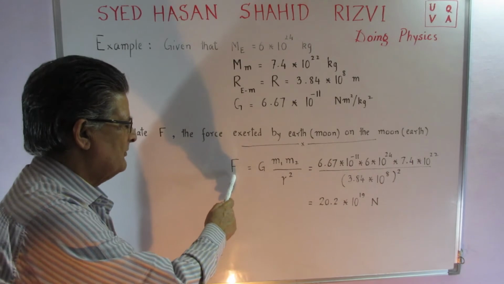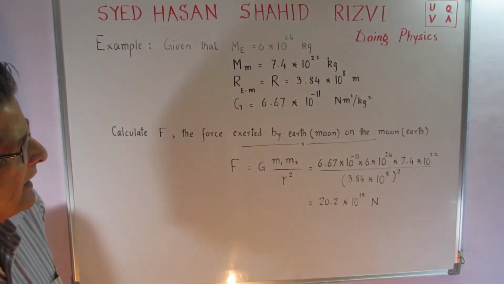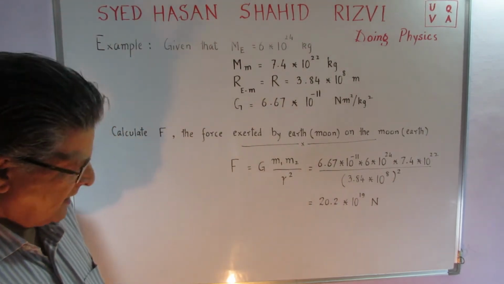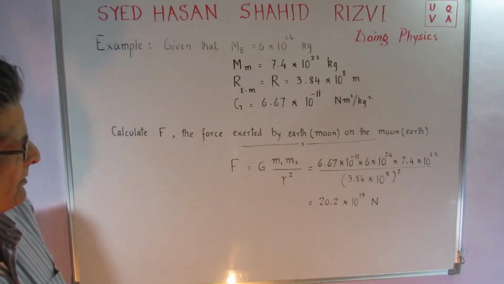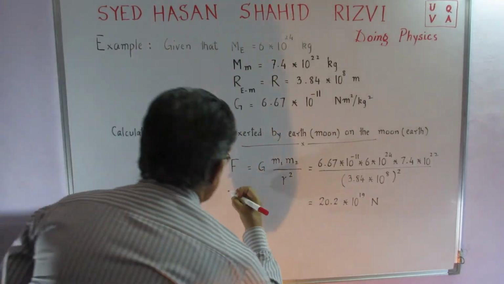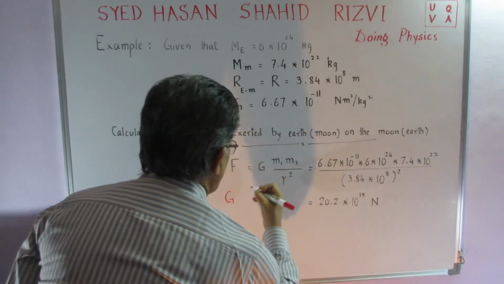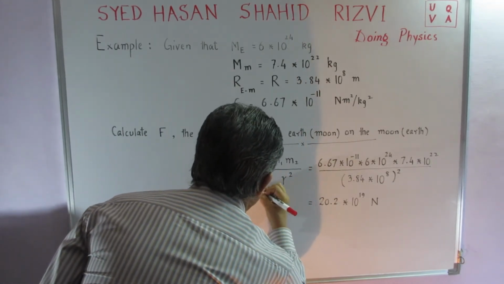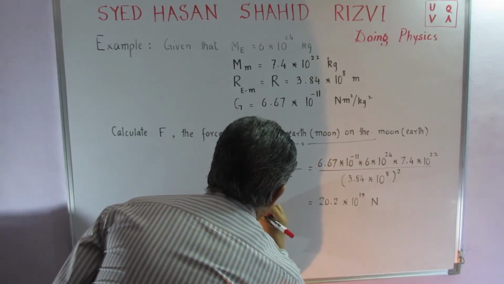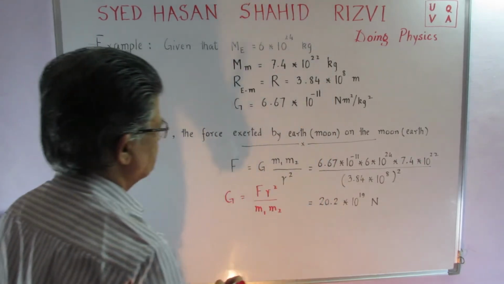Why I take this example is that there are 5 items: 1, 2, 3, 4, 5. If any 4 of these items are given to us, then we can calculate the other item. For example, we can calculate capital G. The formula derived from this will be G equal to F r squared upon m1 m2, and we can calculate and find out the value.